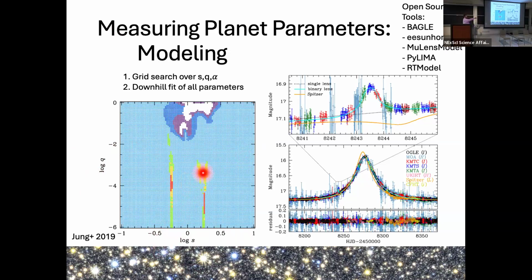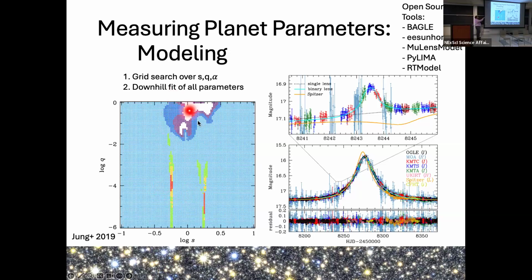The blue is a bad fit, and these red and yellow areas are areas of better fit. Because you can have a minor image perturbation or a major image perturbation, you'll often end up with viable solutions that are less than 1 and greater than 1 in terms of their projected separation, or greater and less than 1 in terms of log of the separation.